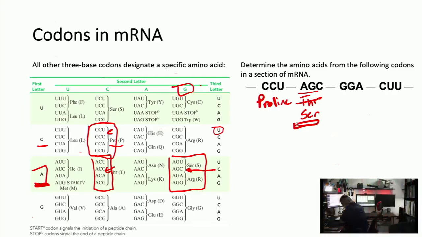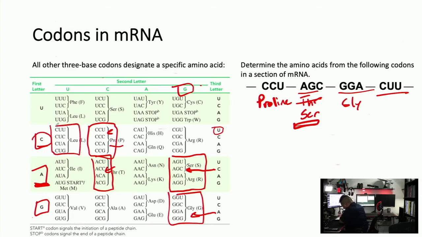Okay, GGA. So G here, and then G there. So that's this block. All four are glycine. But still though, A there. So that's glycine. And then CUU, C to U, this block right here. All four are leucine, but CUU is down right there.